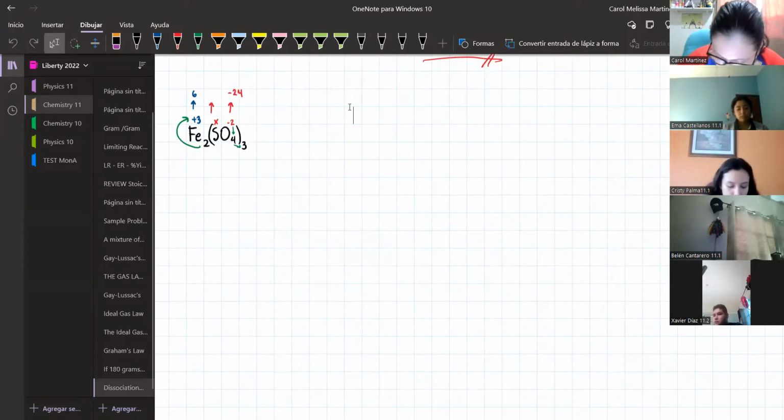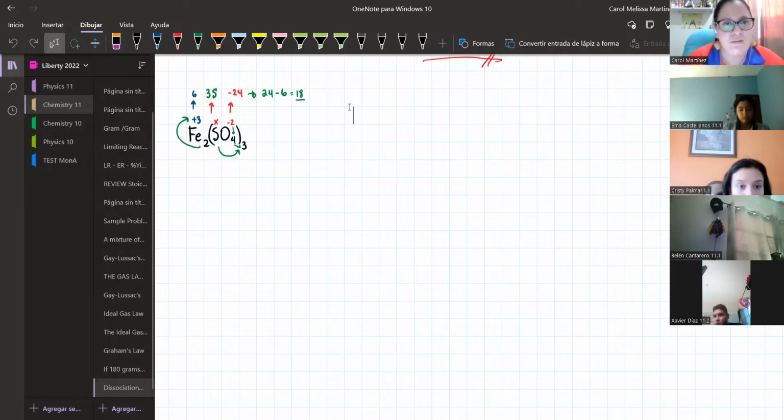So how much is sulfur? Remember that sulfur is being affected also by this 3. So actually I have 3 sulfurs. So how do I do this? I do 24 minus 6, which is 18, and then I divide by 3. This gives me 6.